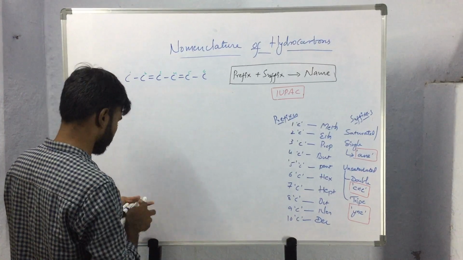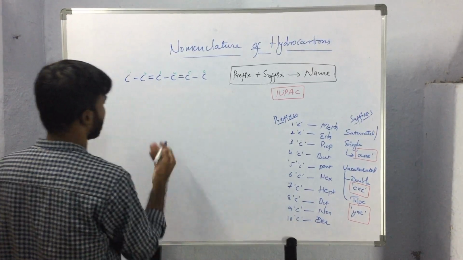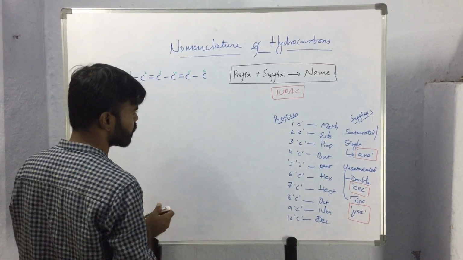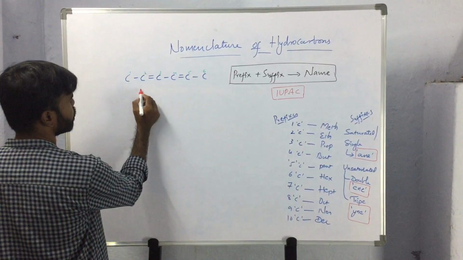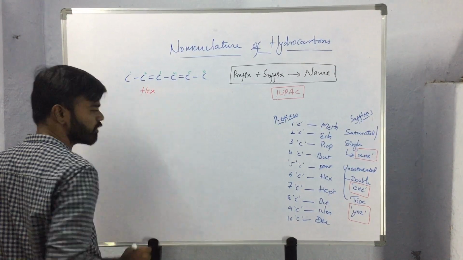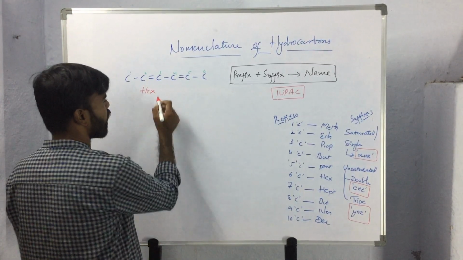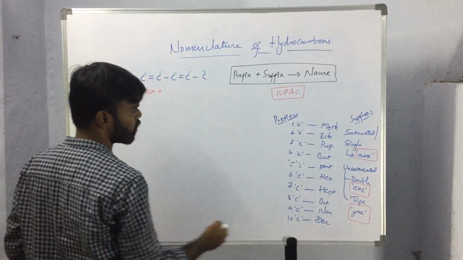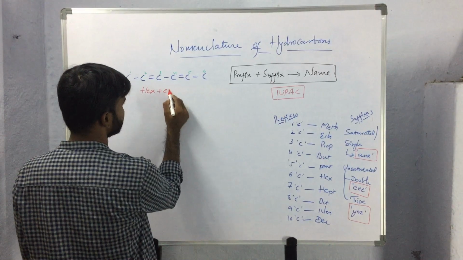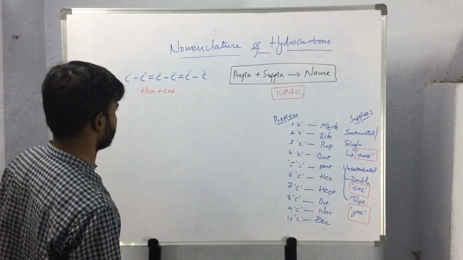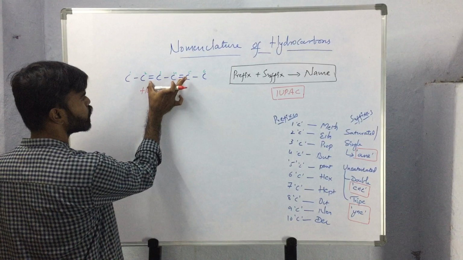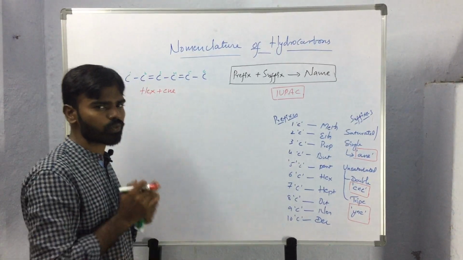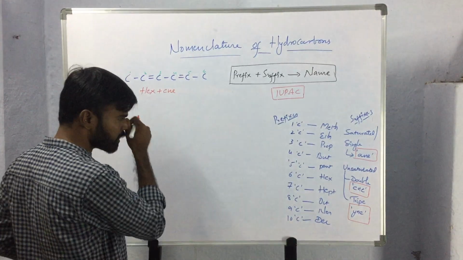Here, as usual, the compound is having 6 carbon atoms, so we have to write the prefix hex, and it is having unsaturation, and the unsaturation is a double bond, so the suffix we have to add is ene. But here we have 2 unsaturations, 2 of the same kind. So how will we name this compound?